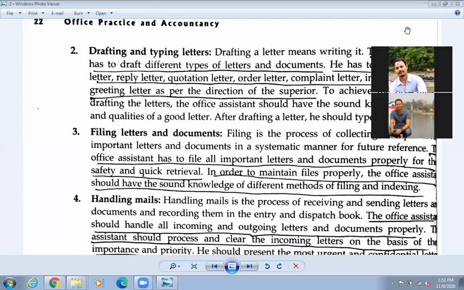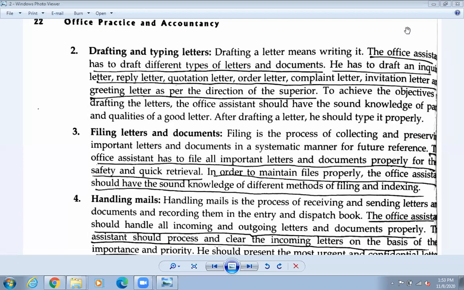For the reply letter, suppose somebody makes an inquiry asking whether I have rice. I have to say, yes, I have rice with us, thank you, and I need to send that back. That is the reply letter also.